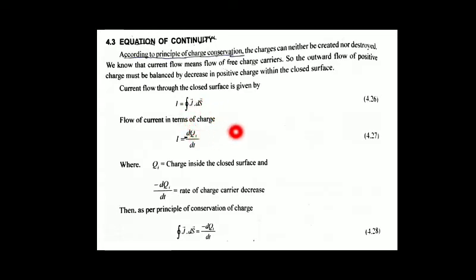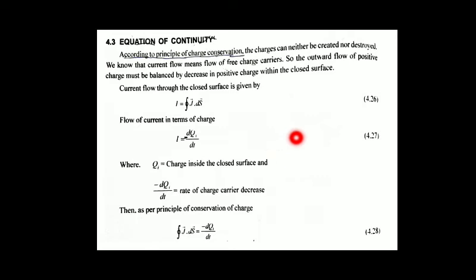But we also know that we can calculate the current from the charge: the rate of change of charge represents the current. So dQ by dt represents the current, and Qi is the charge inside the closed surface. So minus dQ by dt, the rate of change of carriers, decreases.